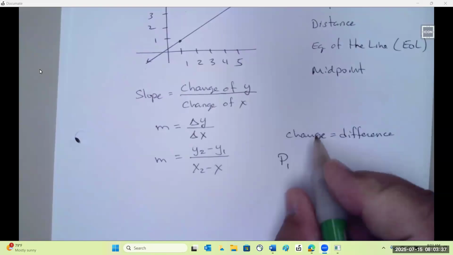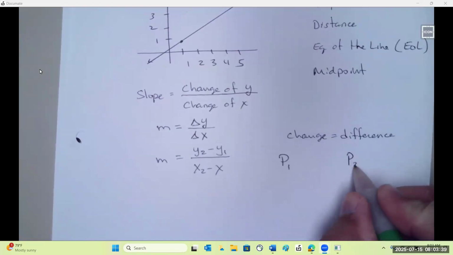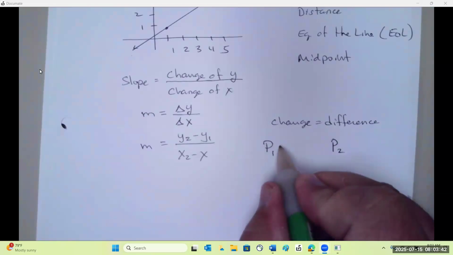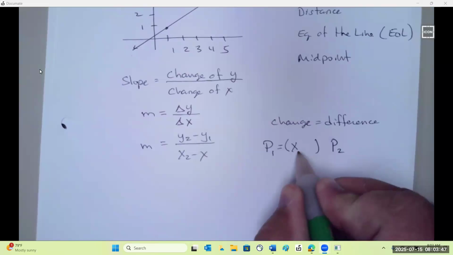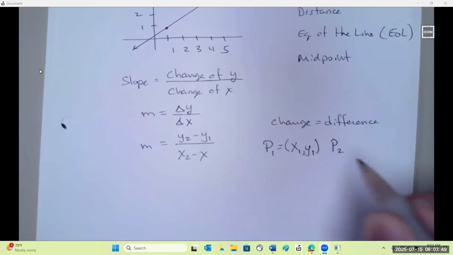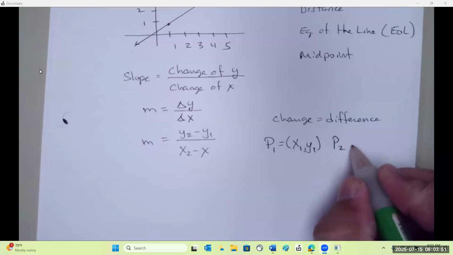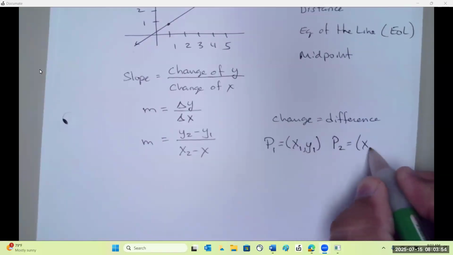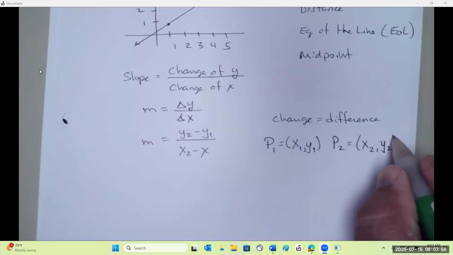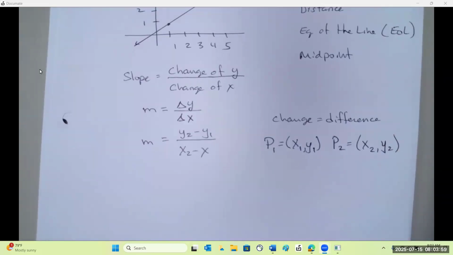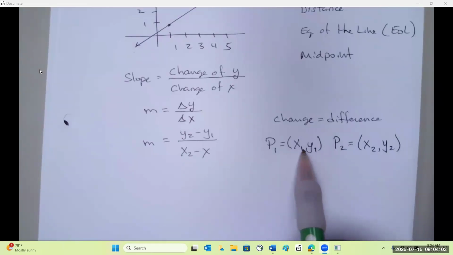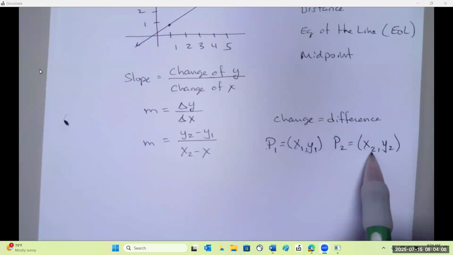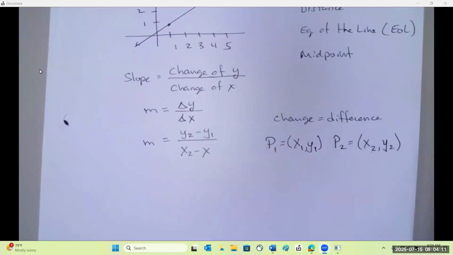We're given 2 points. We have point 1 and point 2. Each point is made up of what's called an ordered pair, x and y component. To distinguish between the 2 bits of information, we put these subscripts. The x sub 1 represents the x value of the first point. The x sub 2 represents the x value of the second point.